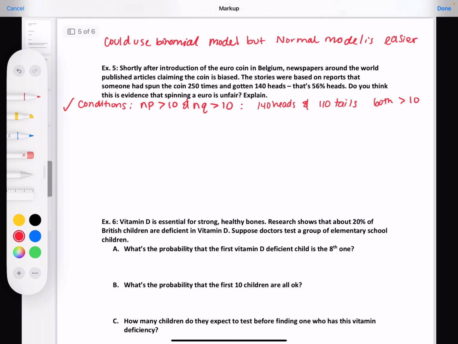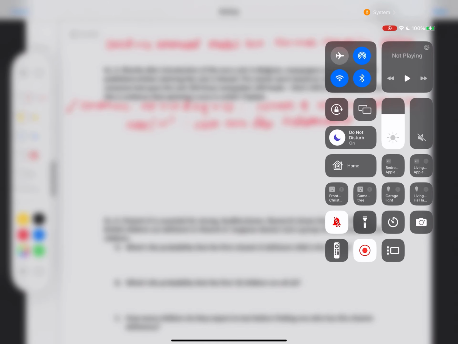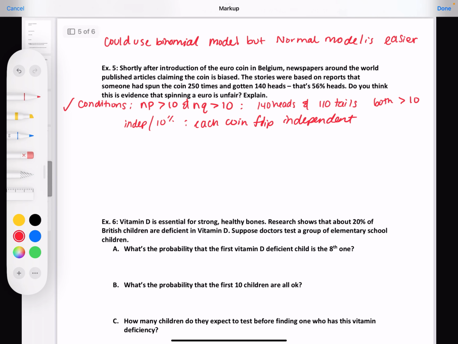As far as our independence or 10% condition, first we see if they're independent. Is each flip independent? Yes. Since they're independent, we don't have to look at the 10% condition. If it wasn't, then we would have to look at that. But each coin flip is independent. So then we can use the normal model.